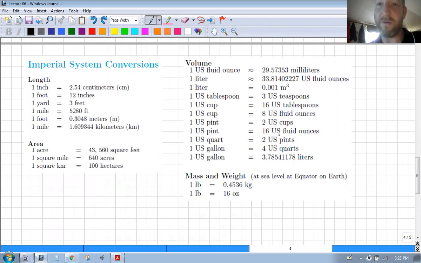So 32 ounces make a quart. 4 quarts make a gallon. So 32 times 4 would be like 128 ounces in a gallon.